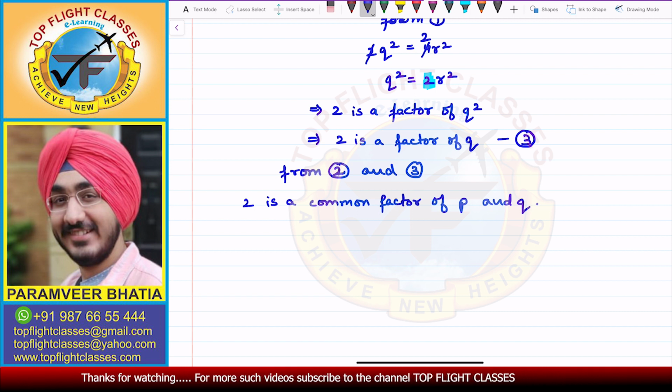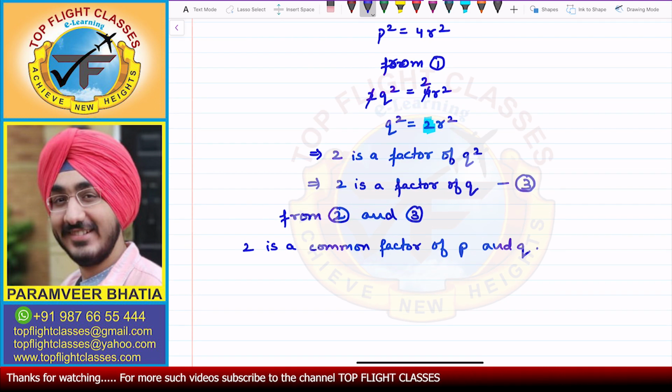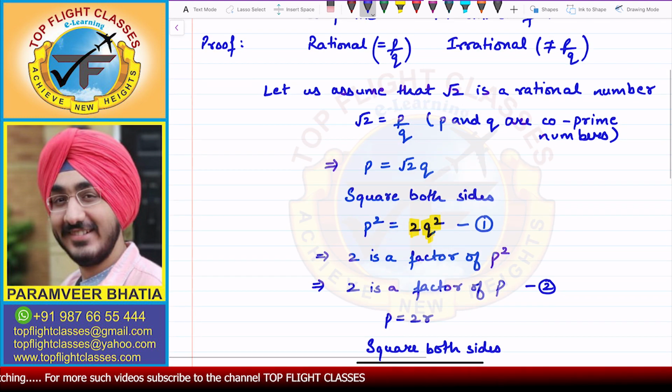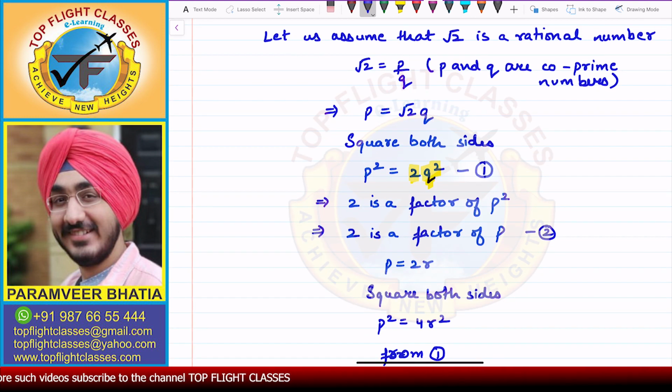But when we started, when we wrote that root 2 is irrational, we wrote over here, you can see, let us assume that root 2 is a rational number. So root 2 will be equal to P by Q, where P and Q are co-prime numbers. Now since P and Q are co-prime numbers, they cannot have any common factor other than 1.